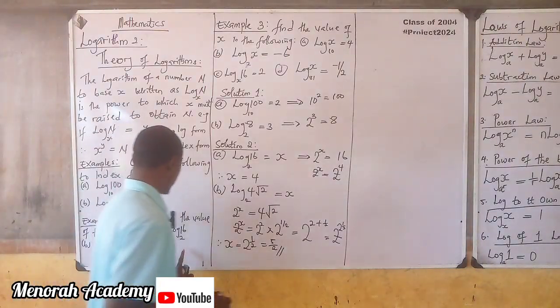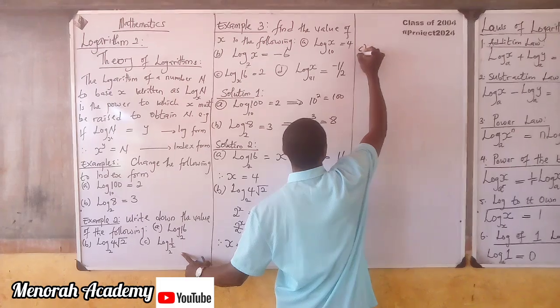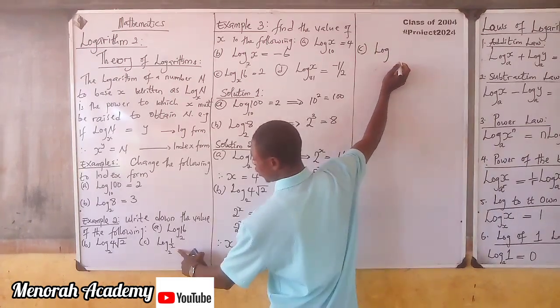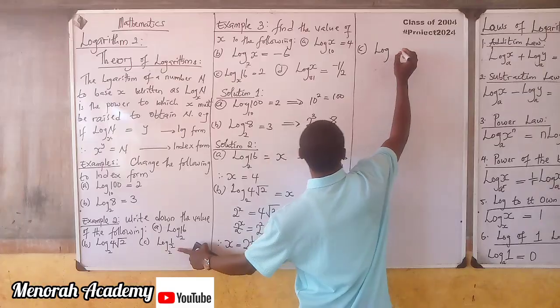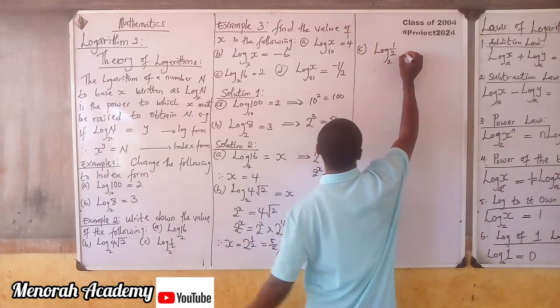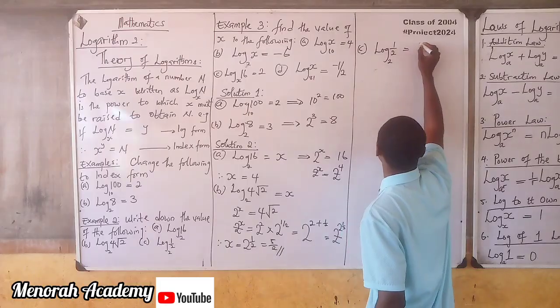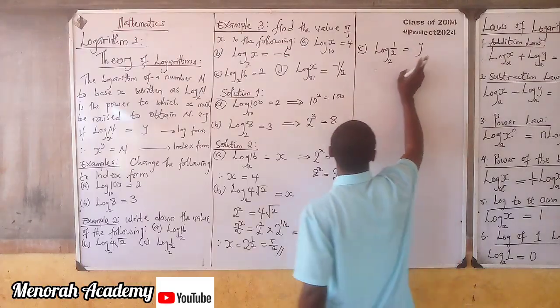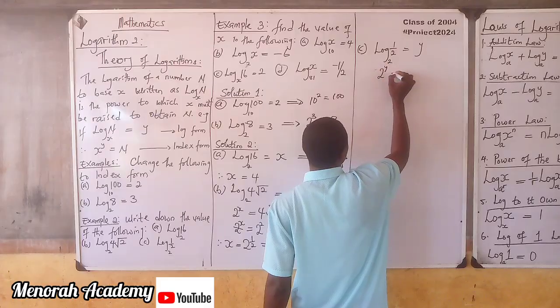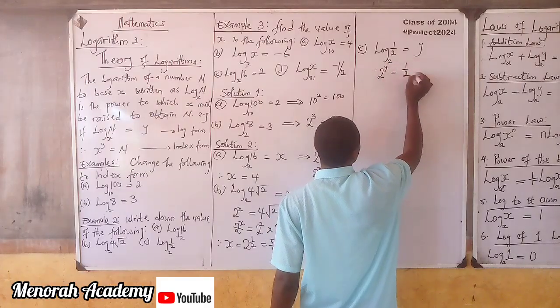Alright, now the last one, which is C, the value of log of 1 over 2 to base 2. Let's assume that the value is y. We don't know the value, so of course 2 will take y as a power to be equal to 1 over 2.